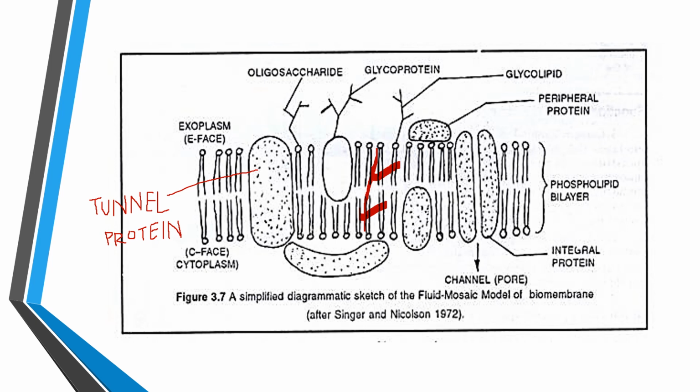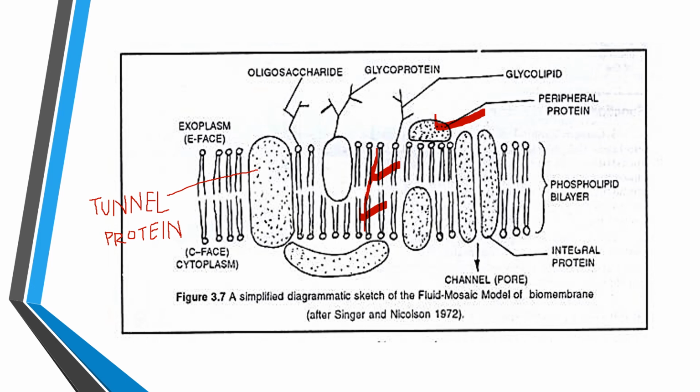So the internal area where these non-polar tails are present is hydrophobic. Besides this, students, there are membrane proteins. Some are peripheral proteins present on the outer surface, and some are internal proteins which are either partially buried or completely buried in the cell membrane.